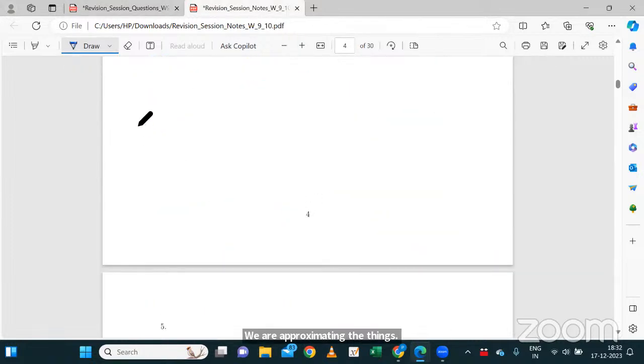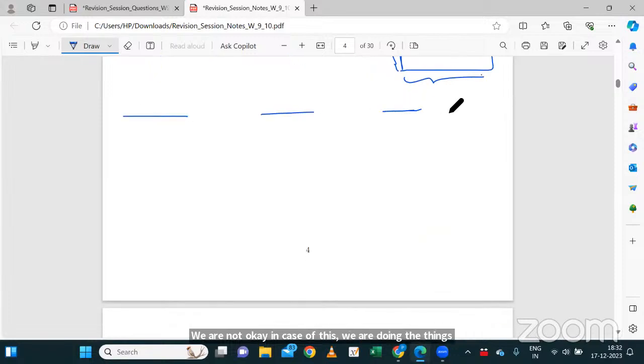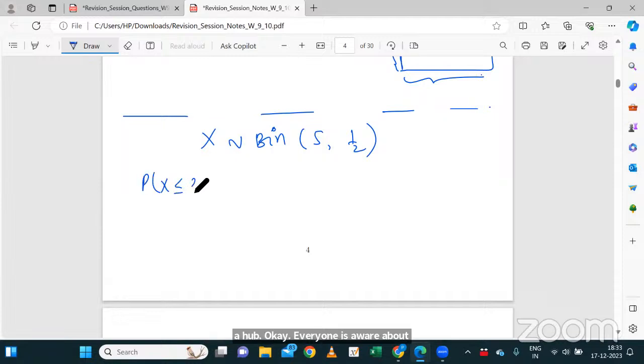Suppose all of you know the binomial distribution, right? Suppose x follows binomial 5 comma half. Everyone is aware of this binomial, right? Then suppose I ask, tell me the probability x less or equal to 3.